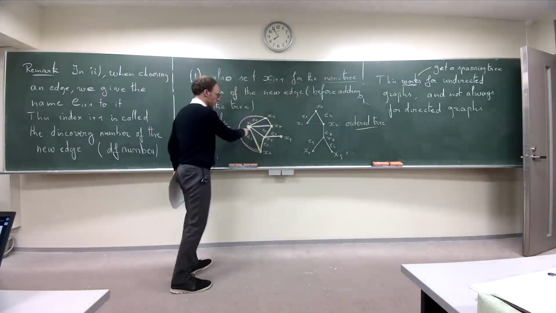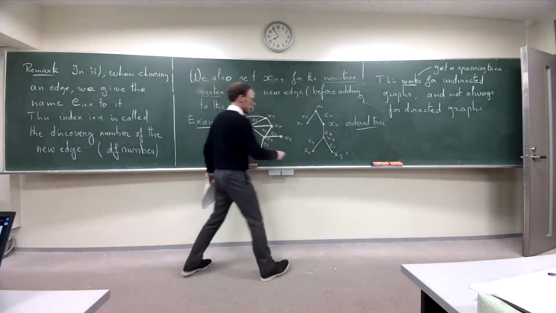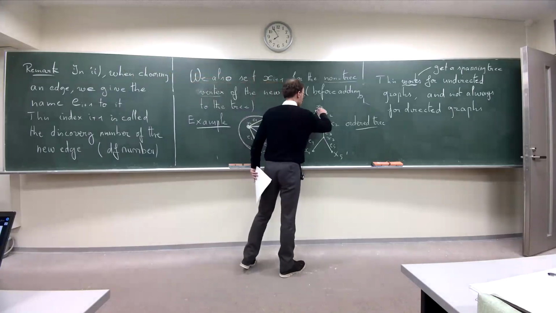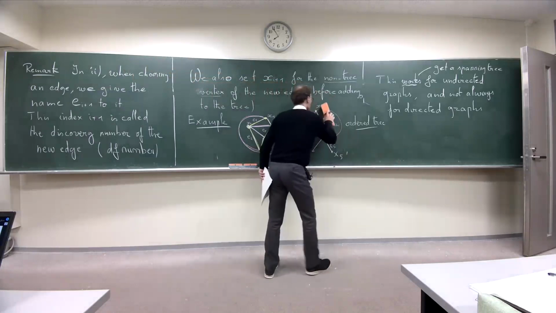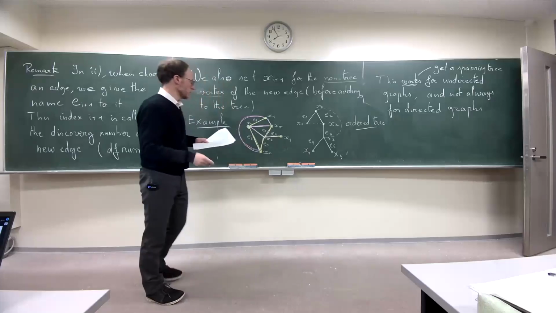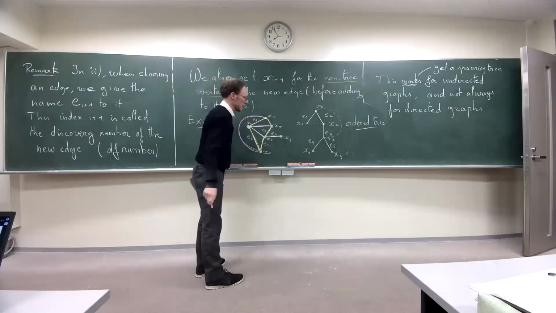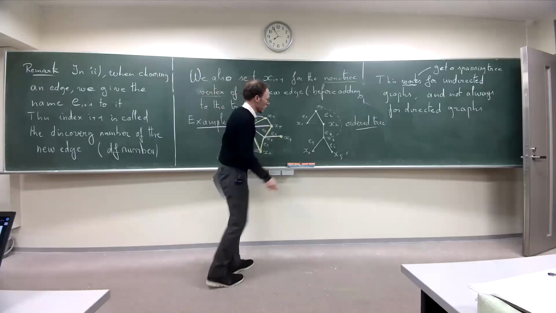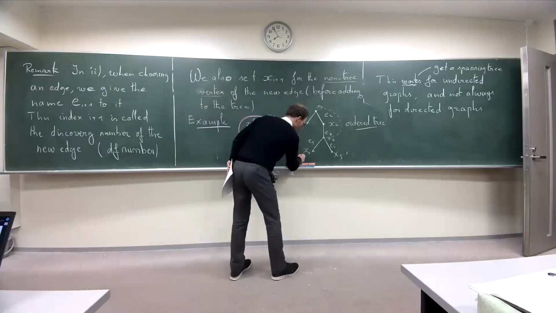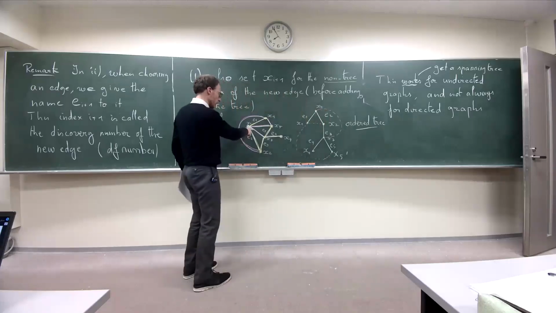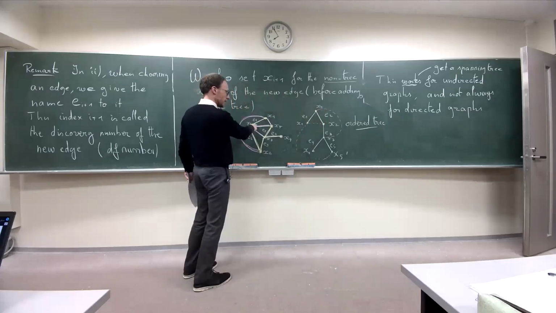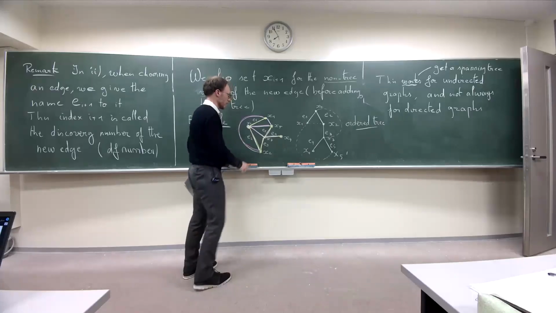We have one between X0 and X3. We have one between X1 and X5. And the last one is which one? X0, X5. Yes.